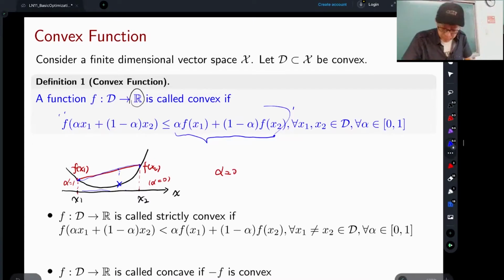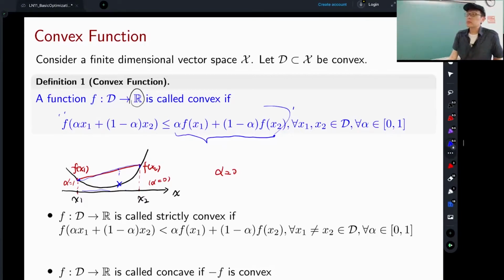The question I will ask you is, does a convex function need to be differentiable? Yangxing? No? Does a convex function need to be continuous?